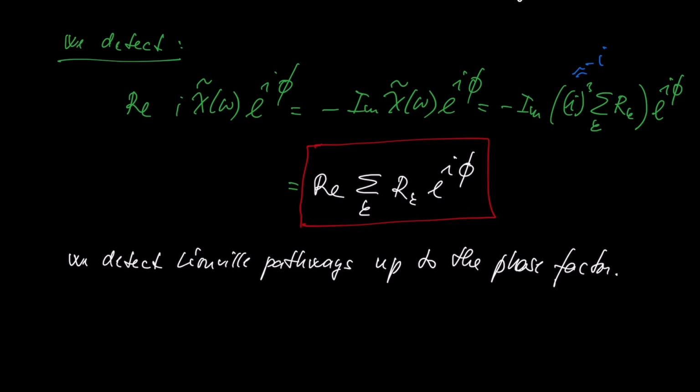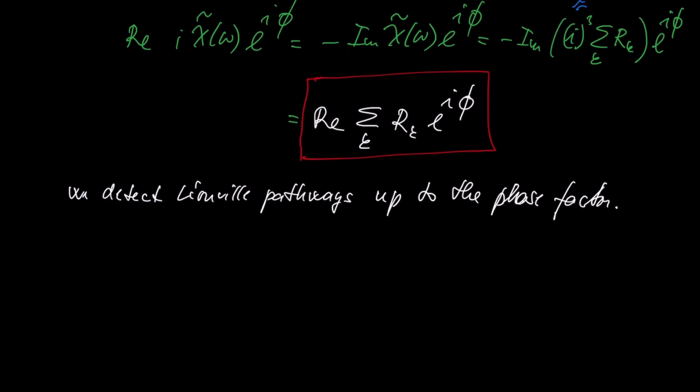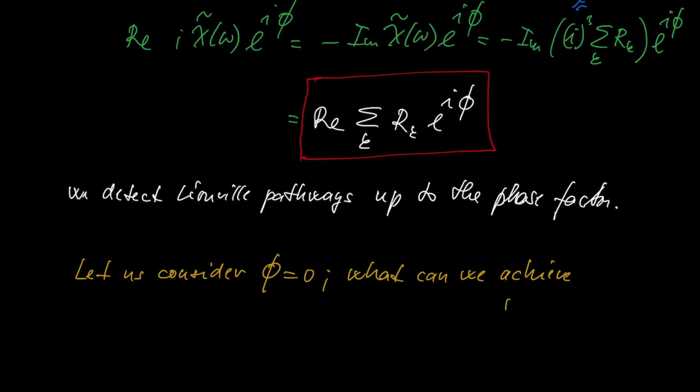And because we said that we will handle this later, let us now have a look at what happens when phi is equal to 0. So what can we achieve with this?